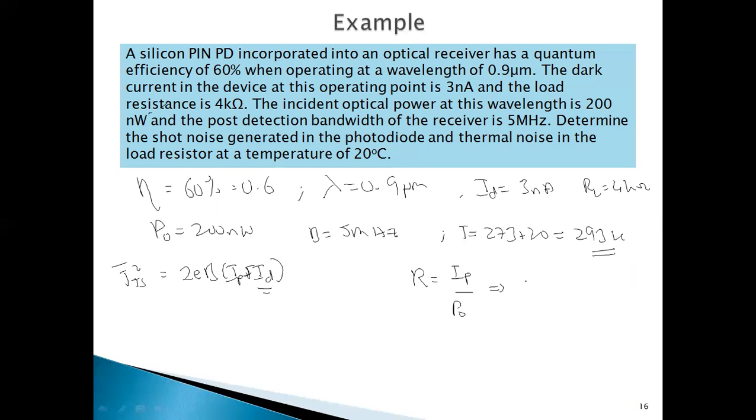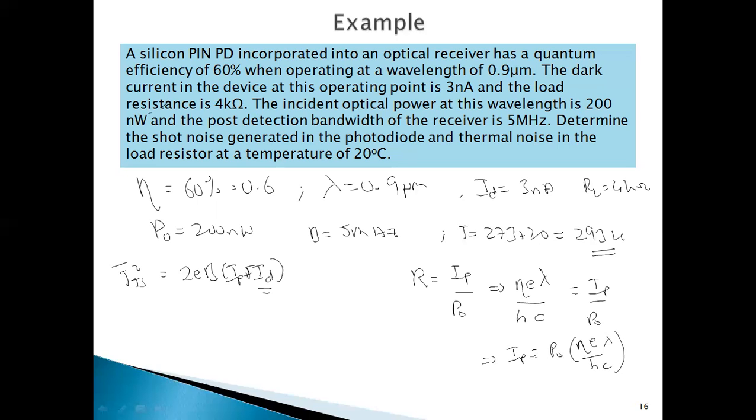Responsivity is equal to eta, the quantum efficiency, multiplied by the charge e, multiplied by the operating wavelength lambda, divided by h, the Planck constant, multiplied by c, the speed of light. This equals IP divided by P naught. So IP can be calculated by multiplying P naught with the responsivity components, eta e lambda over hc.